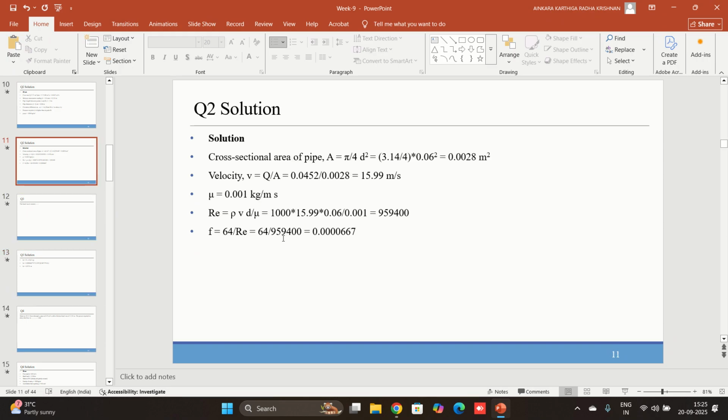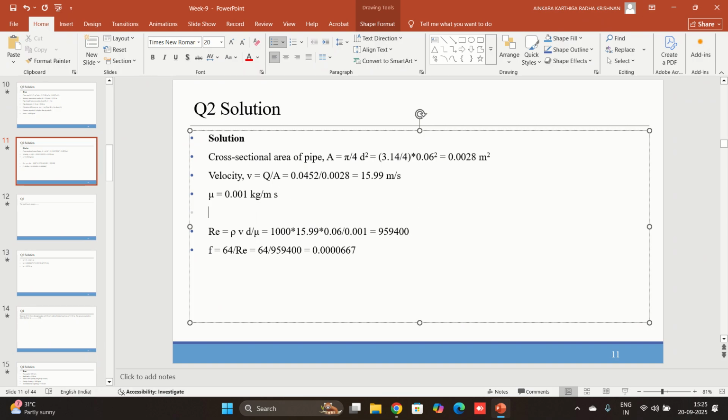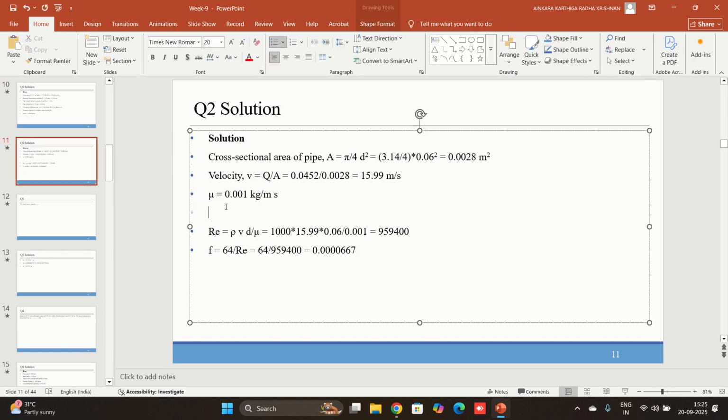Okay, sorry, this is friction factor. So it does not have unit actually. I think I confused. Yeah, it is 6.67 into 10 power minus 5, but it doesn't have unit because it is a friction factor.